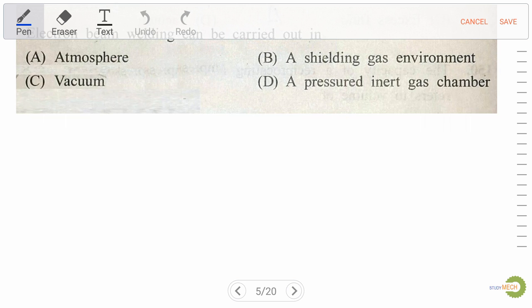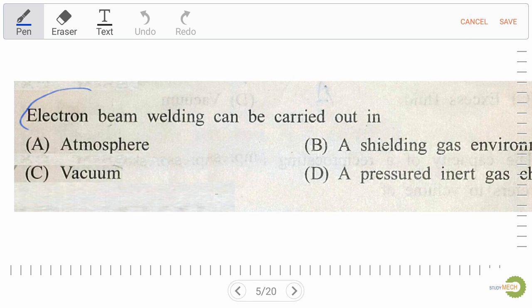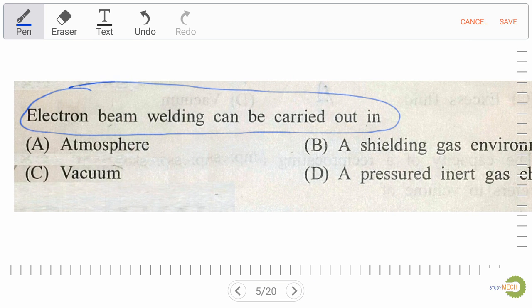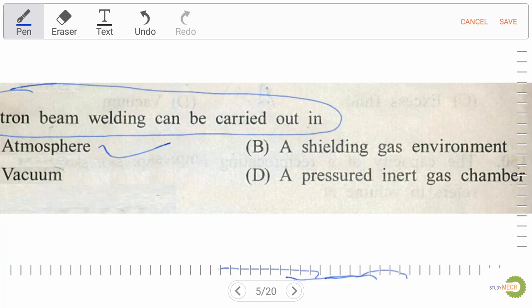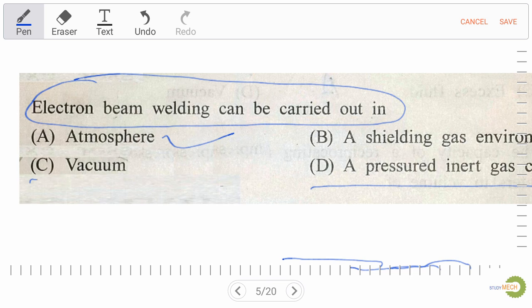Now let's move to the next question. Electron beam welding EBM can be carried out in option A atmospheric pressure, option B a shielding gas environment, option D a pressurized inert gas chamber, option C vacuum. So our right answer is option C vacuum.